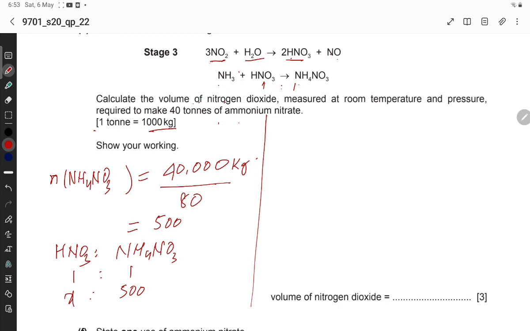Now in this stage, 3 moles of nitrogen dioxide react with water to form 2 moles of nitric acid.